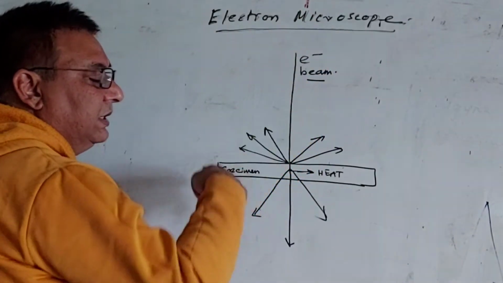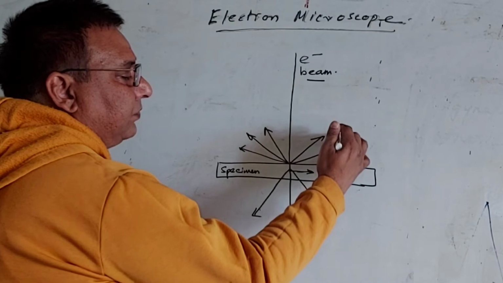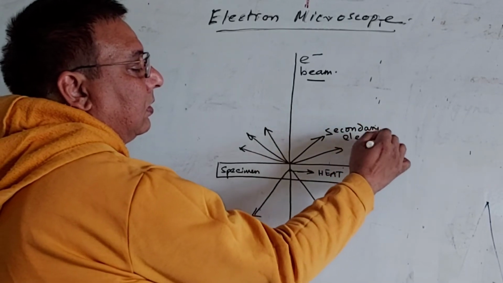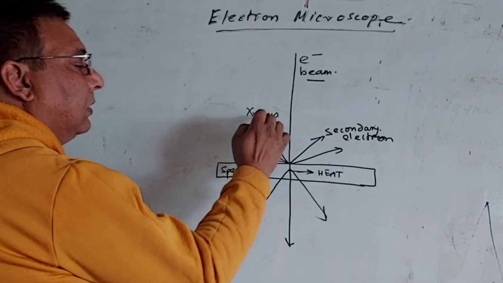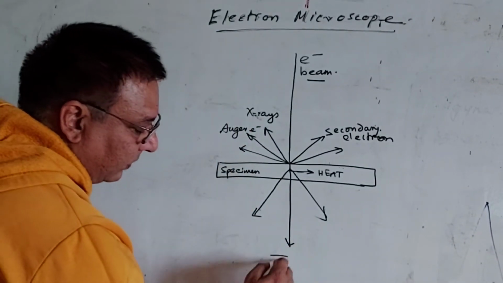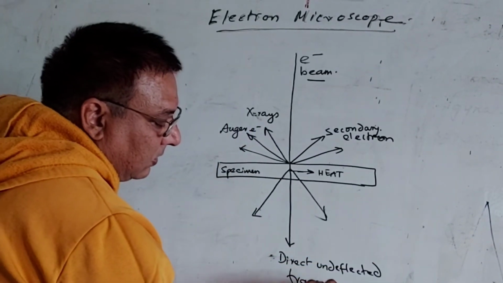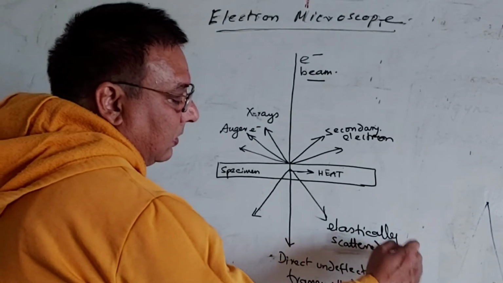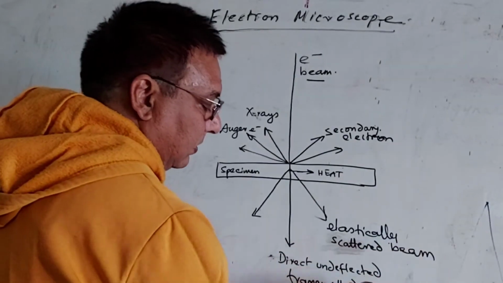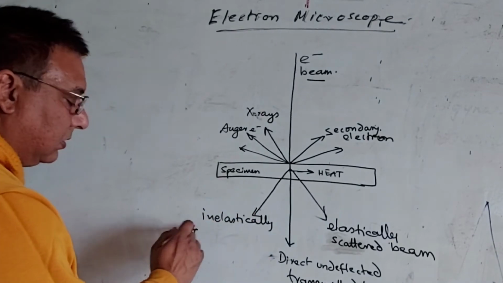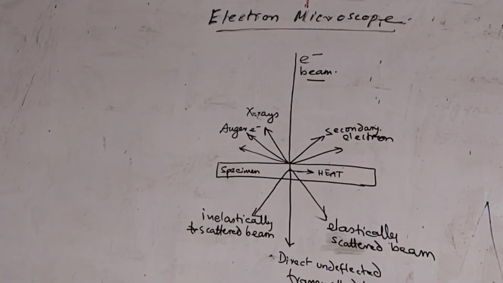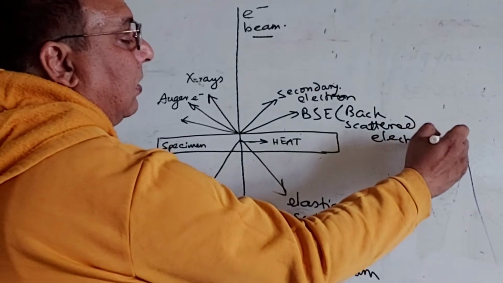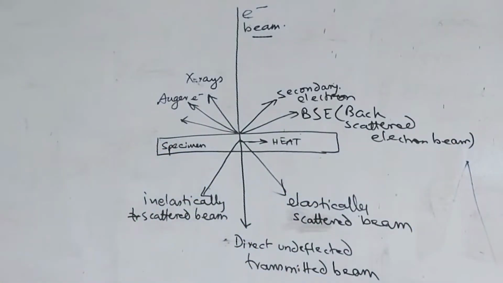This is the electron beam. With a high velocity, it is hitting the object, and then this is called secondary electron. Backscattered electron beam.